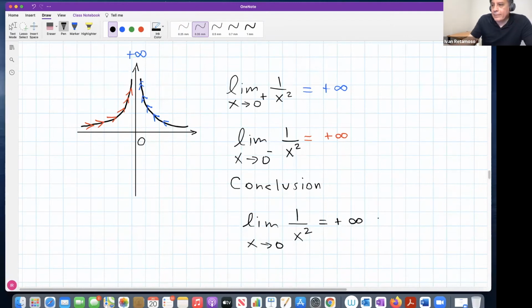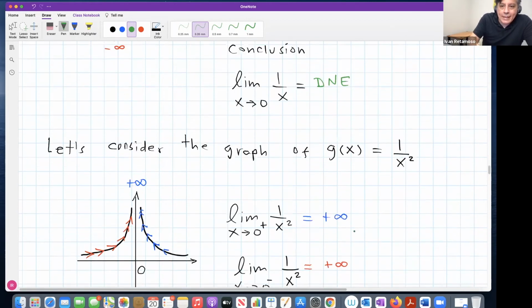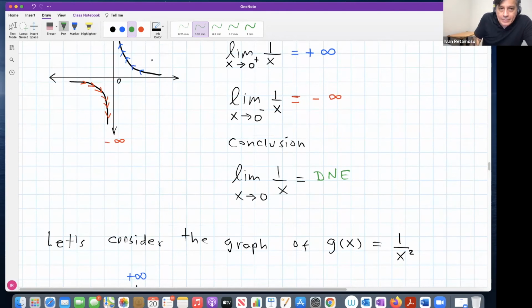Now, one thing that mathematicians notice is this. If you look at the exponent, if it is even, this is positive infinity. But if it is odd, remember there is an invisible one here, the limit does not exist.